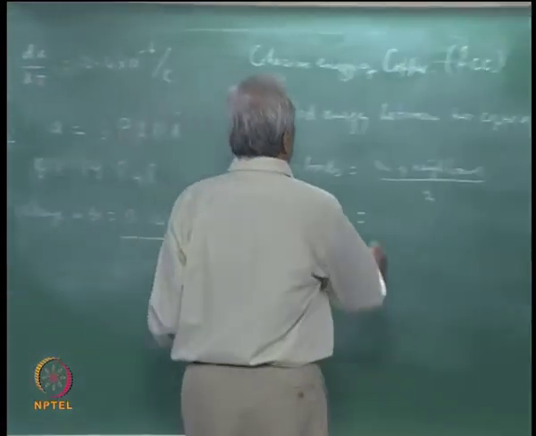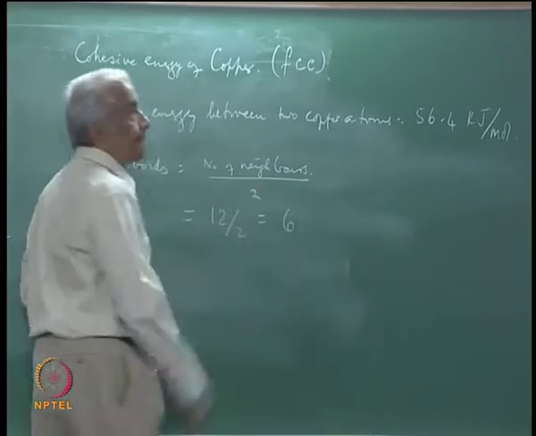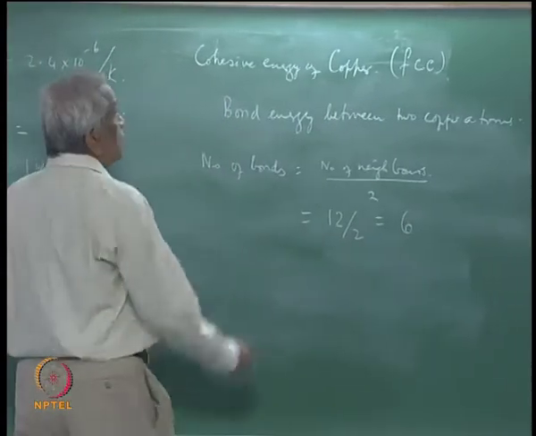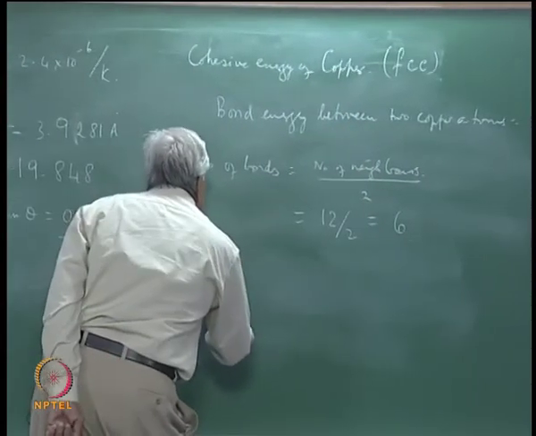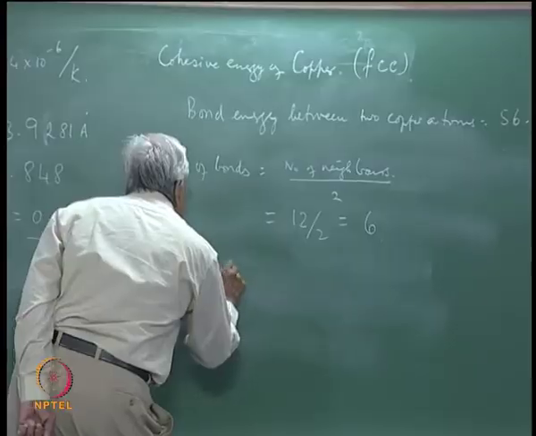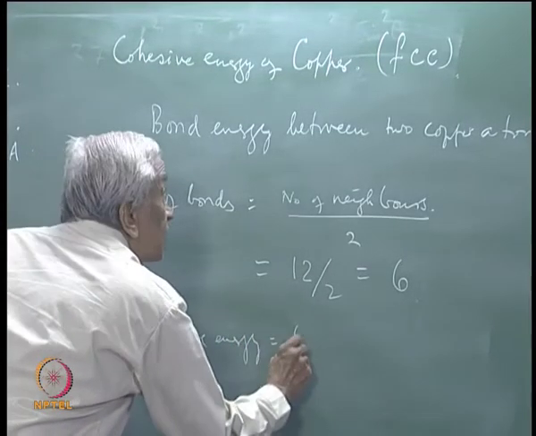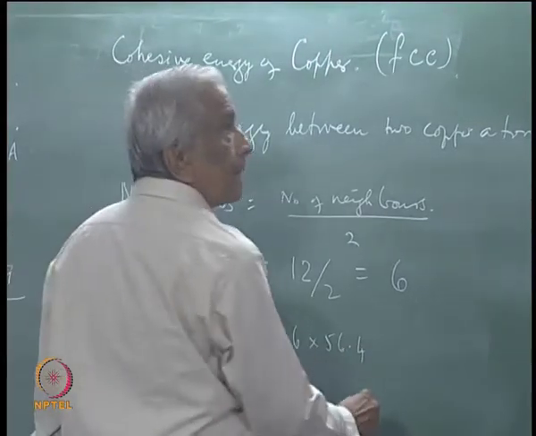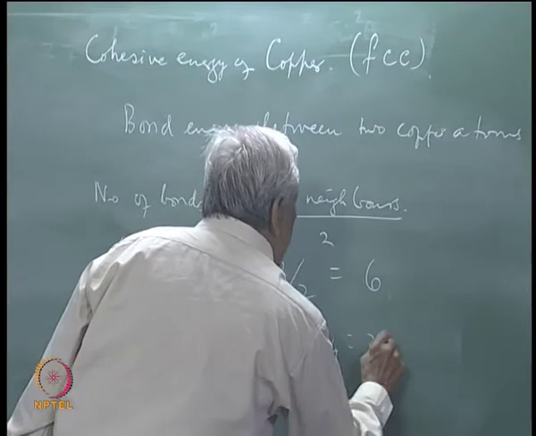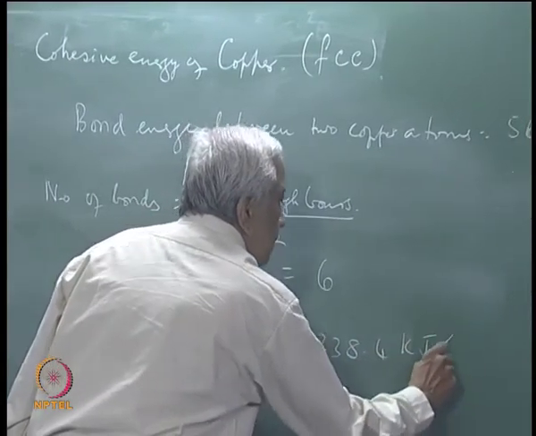So, it is 12 by 2 which is 6. And the energy per bond is given as this. Therefore, the cohesive energy is just 6 times this, which is 338.4 kilojoule per mole.